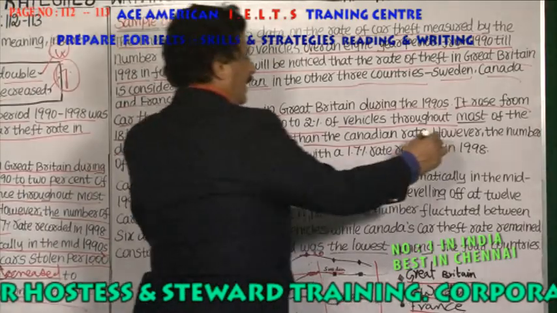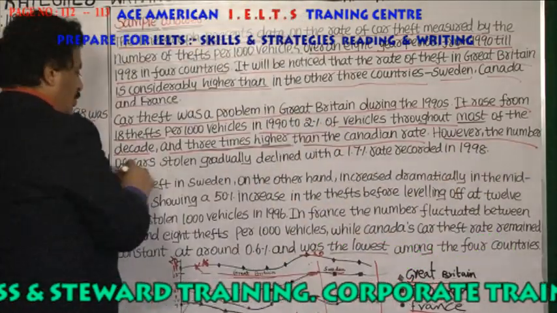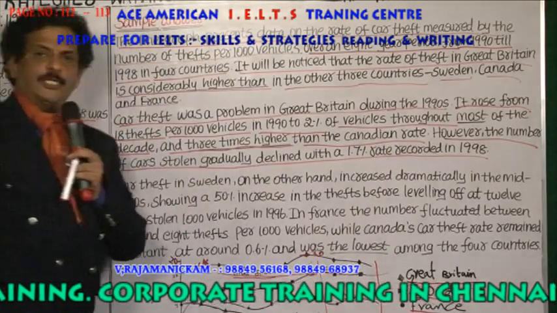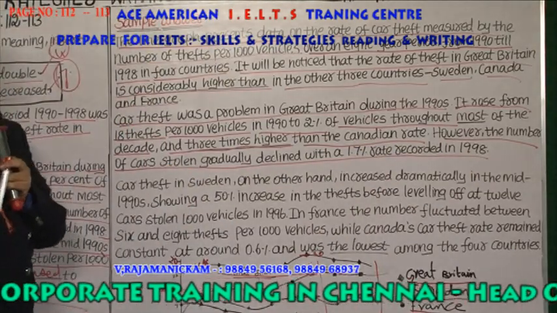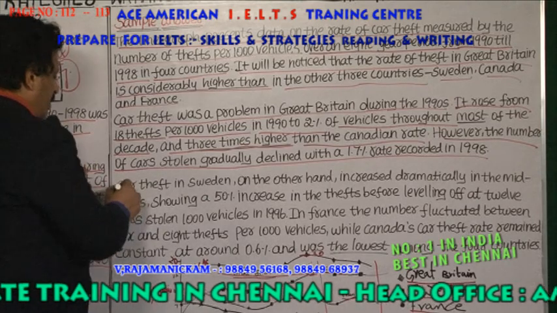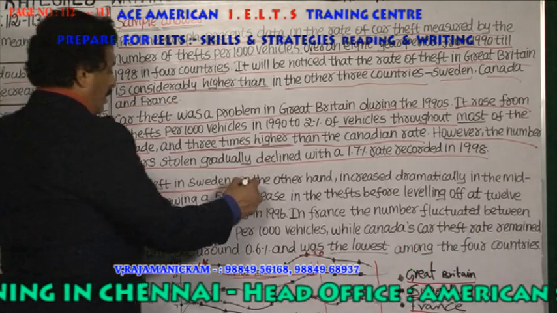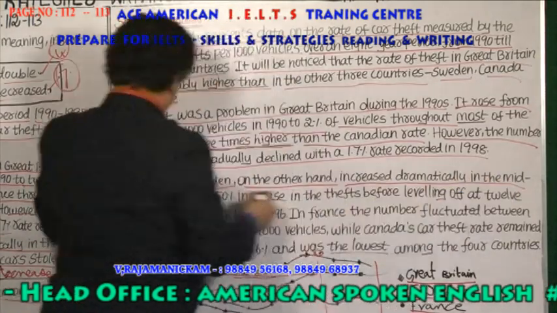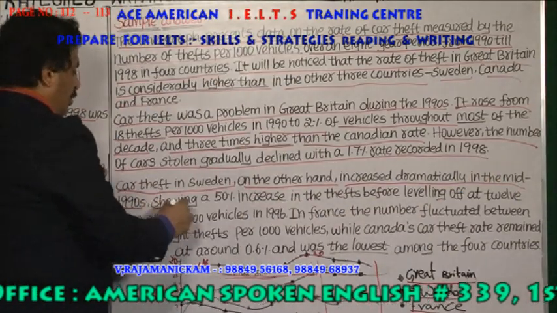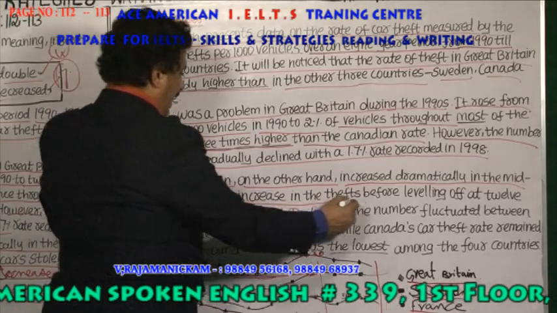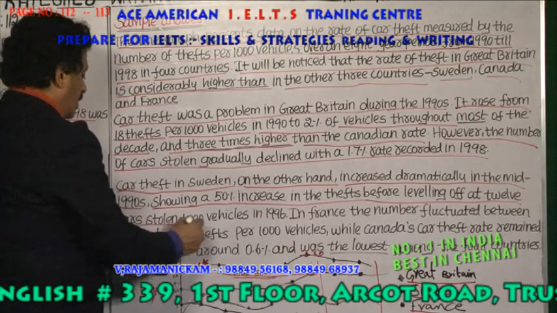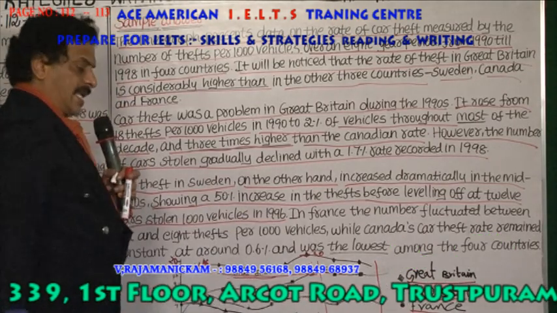However, the number of cars stolen gradually declined, with a 1.7% rate recorded in 1990. Coming here, car theft in Sweden, on the other hand, increased dramatically in the mid 1990s, showing a 50% increase in the thefts before leveling off at 12 cars stolen per 1,000 vehicles in 1996.